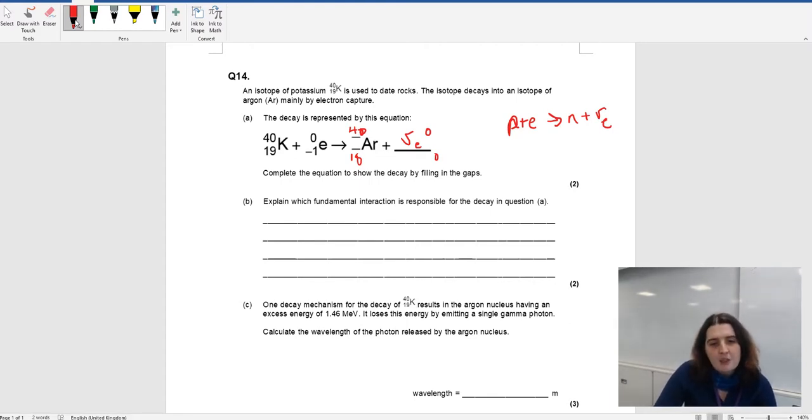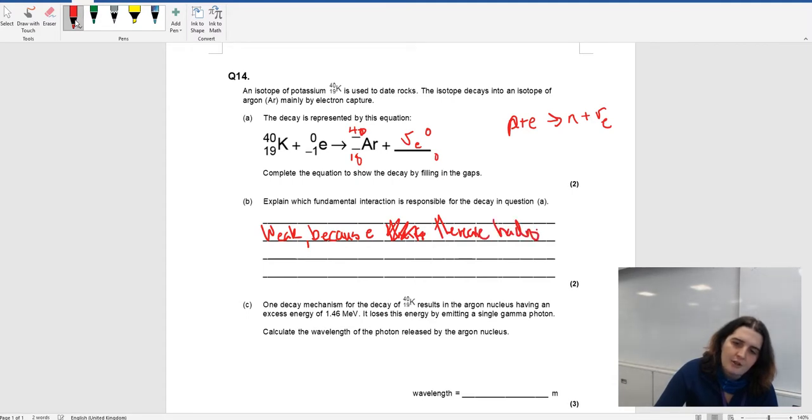So explain which fundamental interaction is responsible. So it is the weak interaction, because, again, explaining, must say because there are hadrons and leptons involved in the interaction.